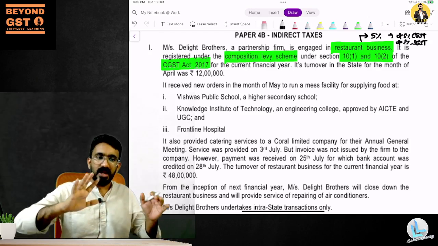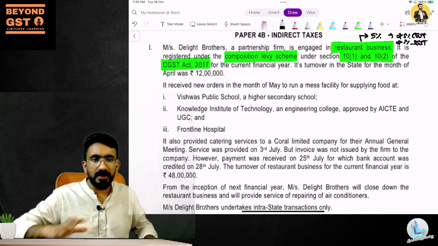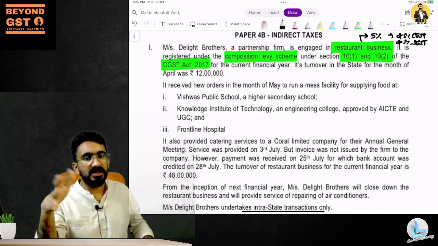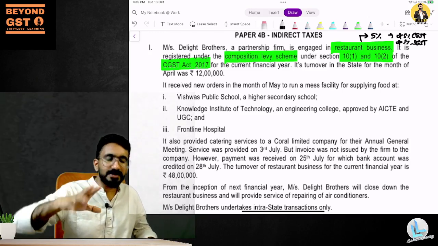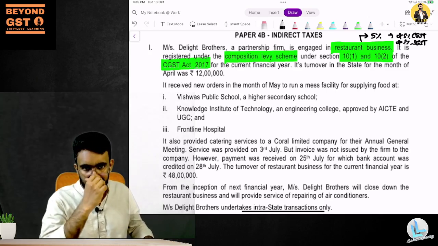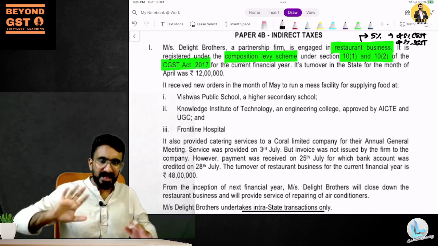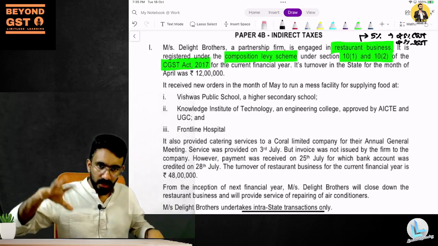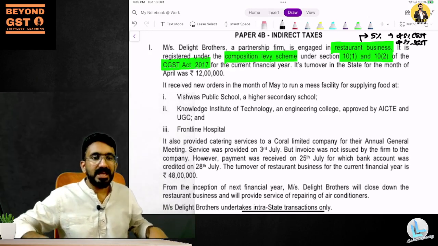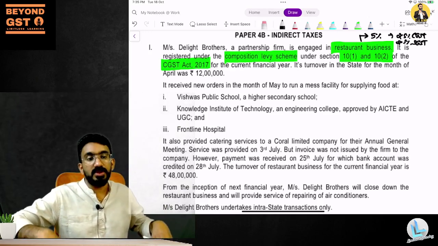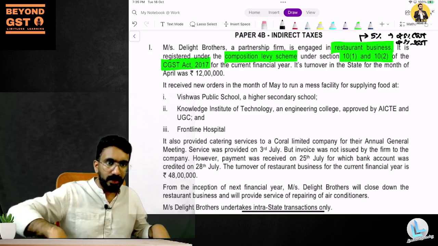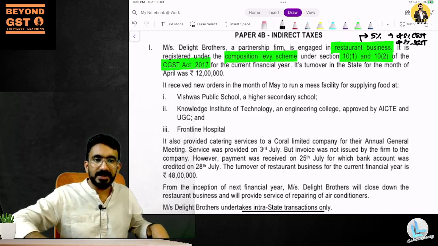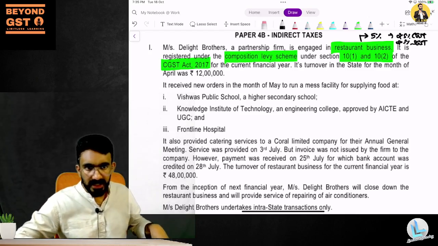So restaurants are allowed to offer composition levy scheme provided their previous year turnover is less than 1.5 crores, or if they are in some special states less than 75 lakhs. Now they're saying they were under that limit and they adopted for composition levy scheme. And now that it's composition levy scheme, you have to pay tax on a quarterly basis on the turnover. So a restaurant will pay 5% on the turnover in a state.